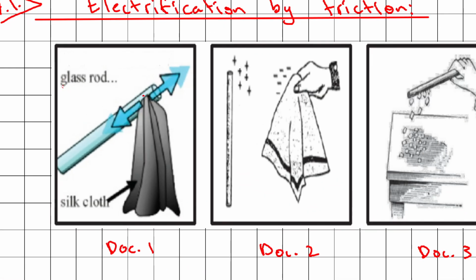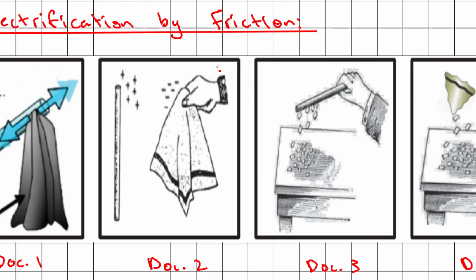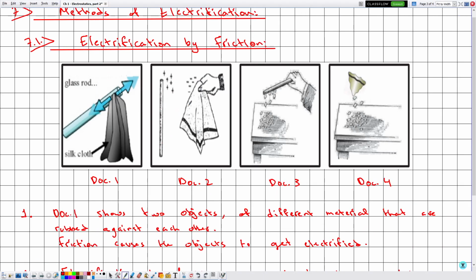So we rubbed both objects at this precise location, so charges will only exist at this place. So we don't expect that charges will be here or will be here, because charges along an insulator cannot move easily. So notice that the positive charges and the negative charges are only placed at these specific locations, and I didn't place any positive or negative charge here because through insulators electrons cannot move.